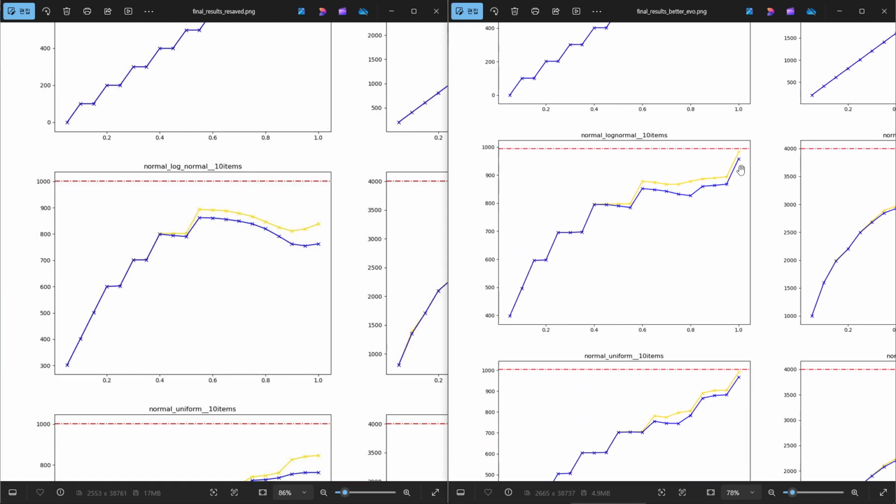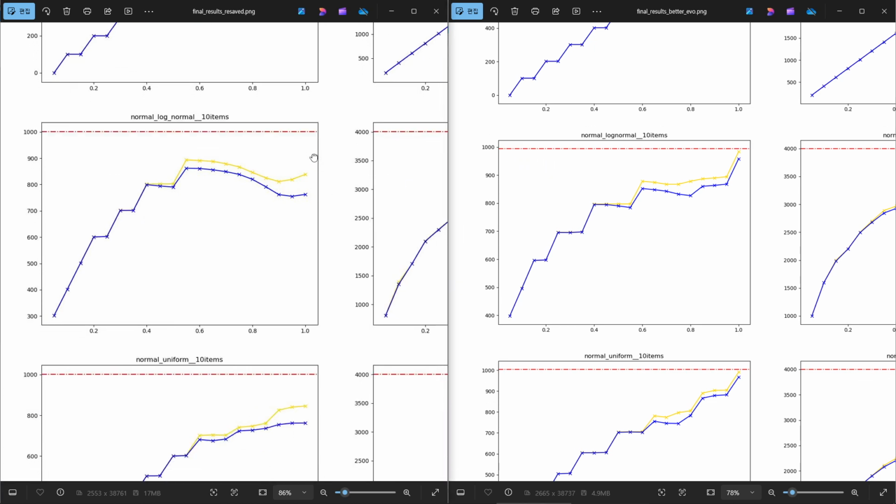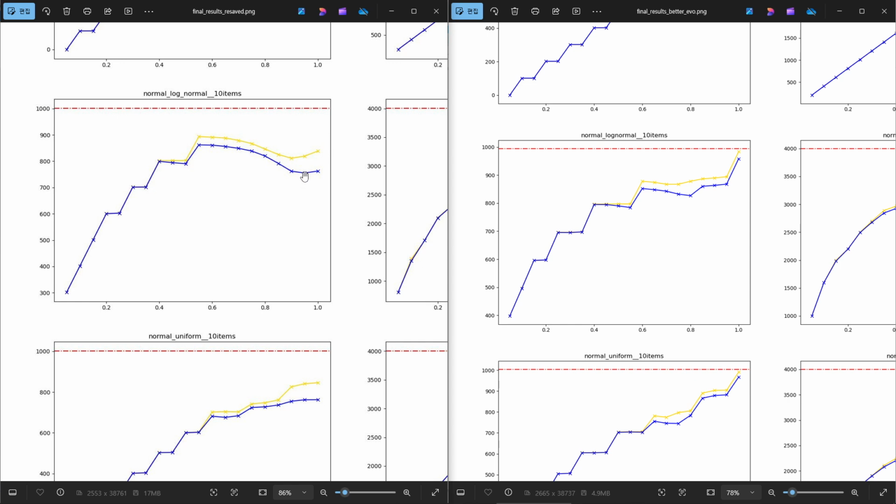For normal and log normal, the first one being the utility values and the second one being the constraint values, you see that with the new evolution scheme this is also apparent. Although it has a different shape, you see that the levels keep on rising.